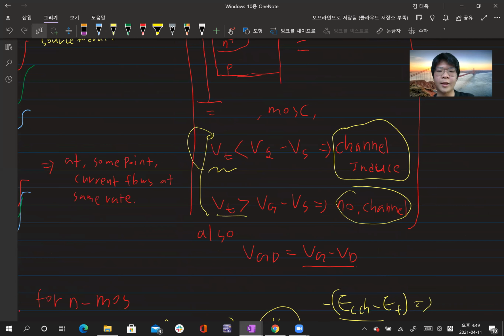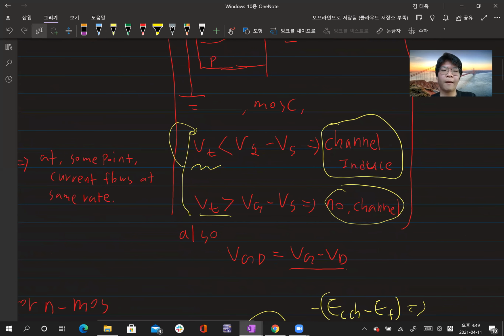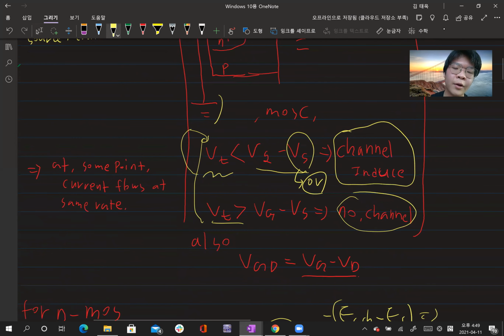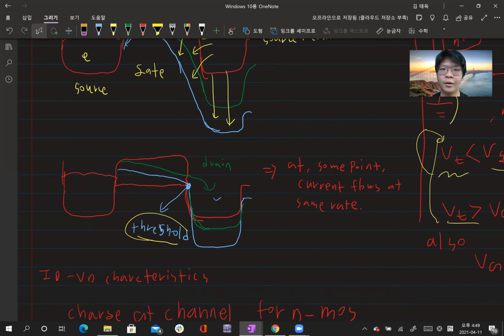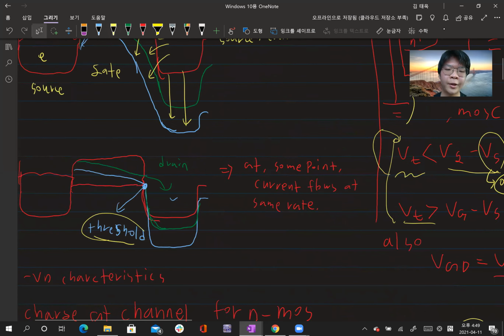However, on the drain side, there is a drain bias. Formerly, the source voltage was 0 volts because it was grounded. However, the drain bias is not 0. So there is a problem with the gate-drain bias.